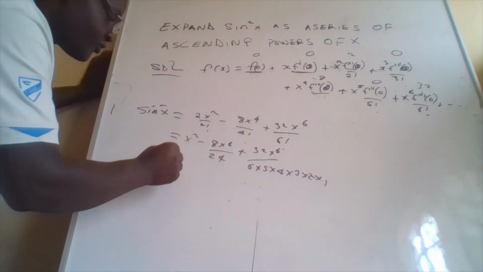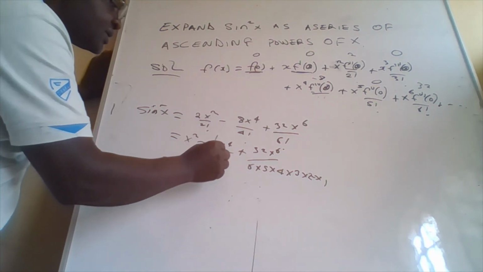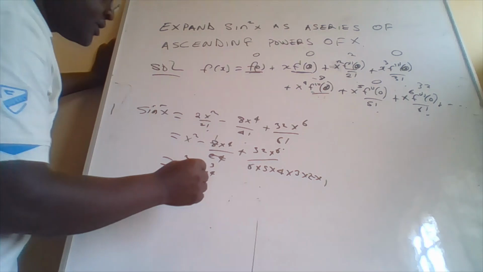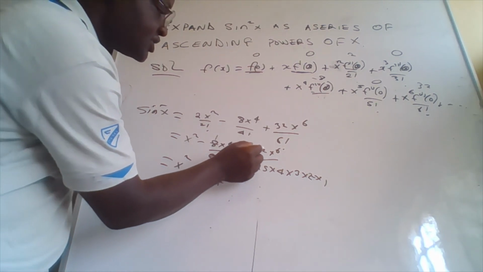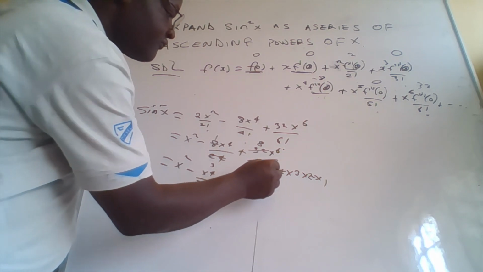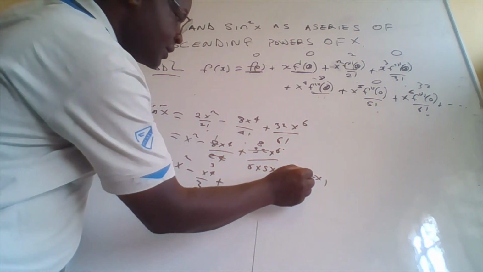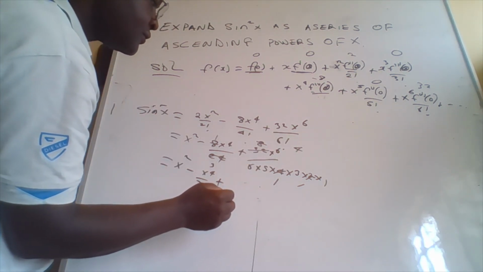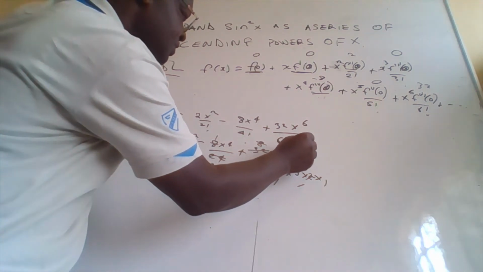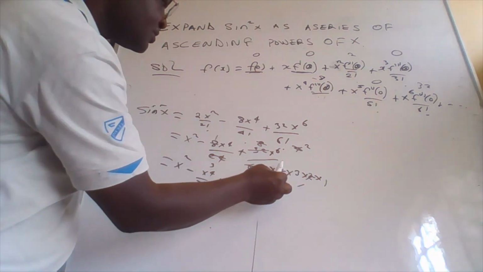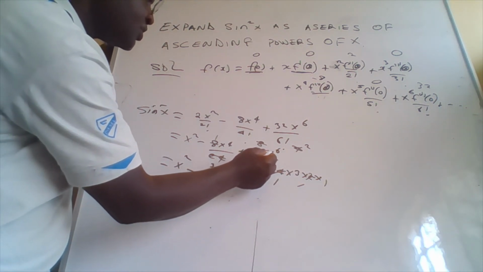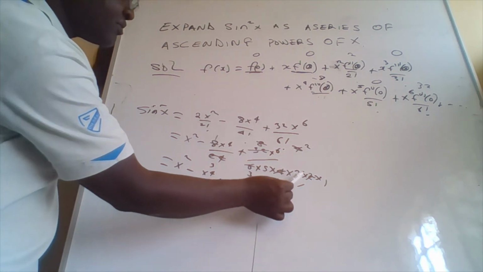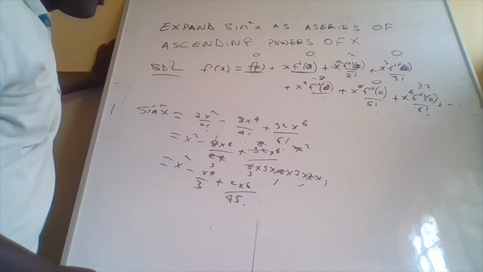So this equals x squared minus, 8 here 1, 8 here 3, so minus x to the 4 over 3, then plus 32 over 720, simplifying by common factors, and so we remain with 2x to the 6 over 3 times 5 times 3, that is 45.